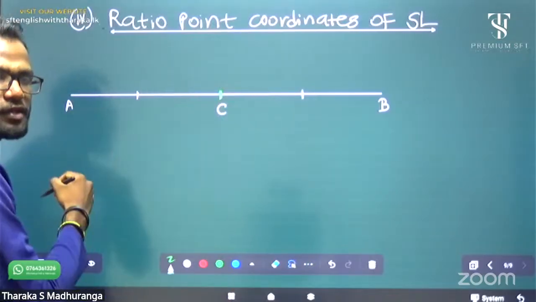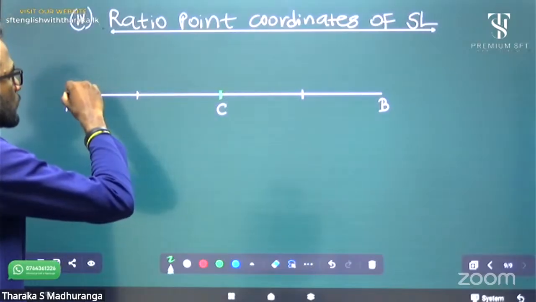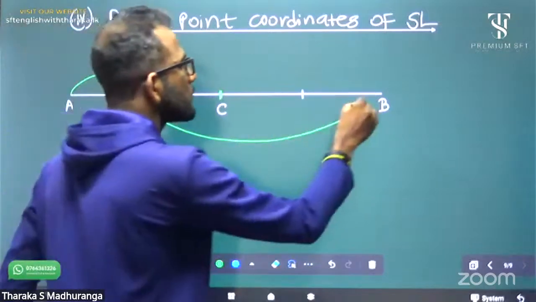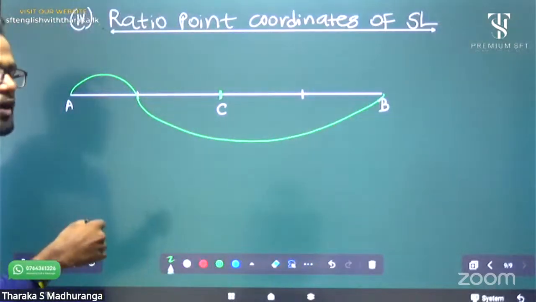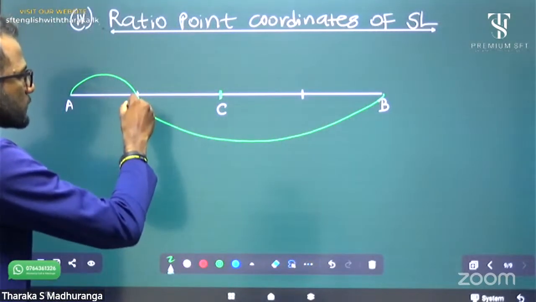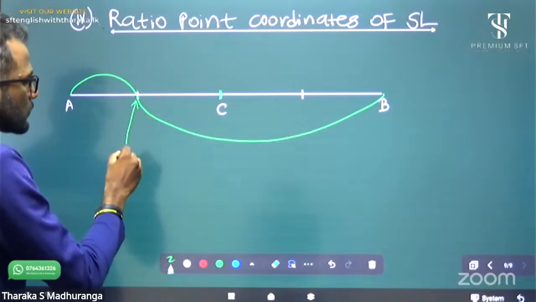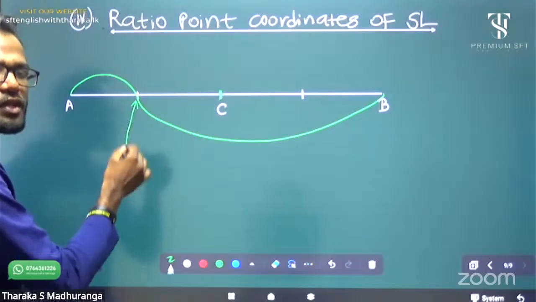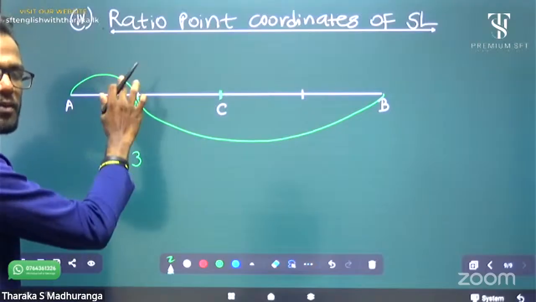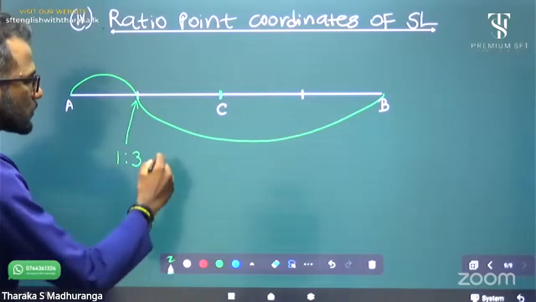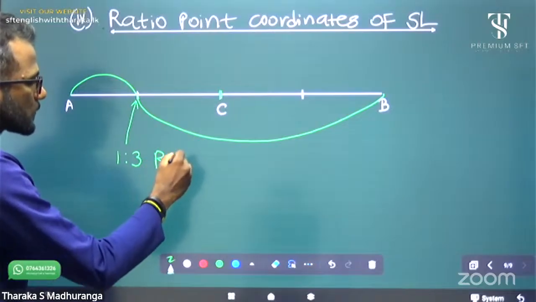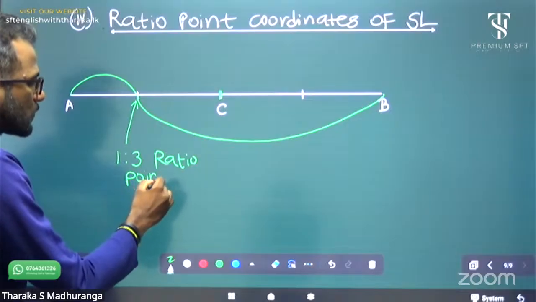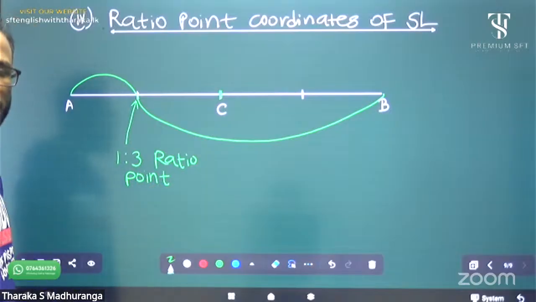This is the center point. And if you take one part, with three parts remaining, this point we call the 1 to 3 ratio point. 1 to 3 is the ratio of this point because one part remains 3.